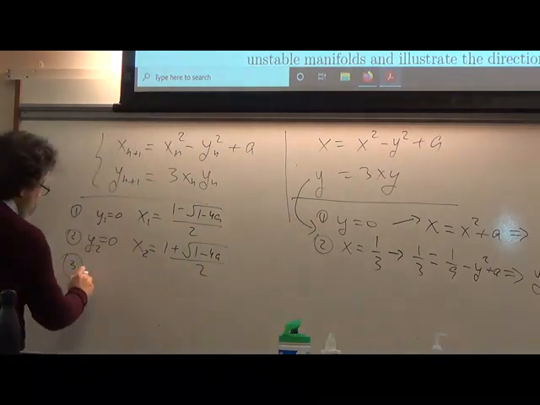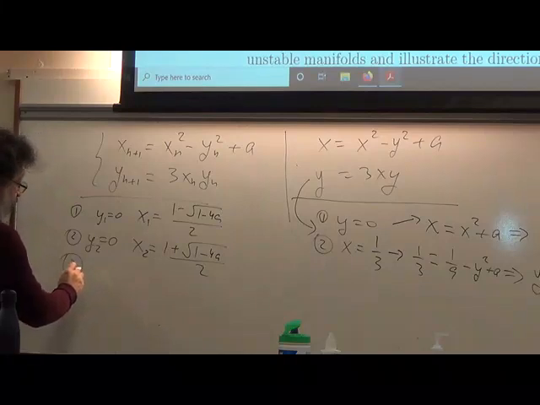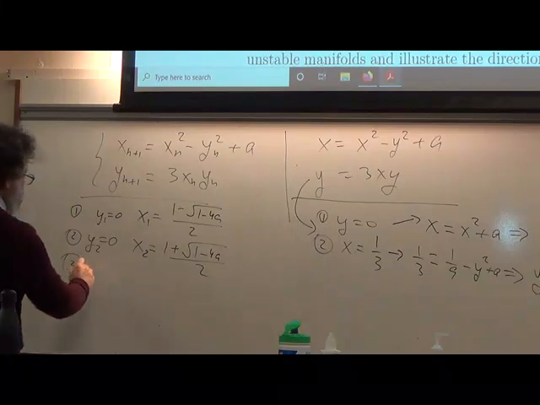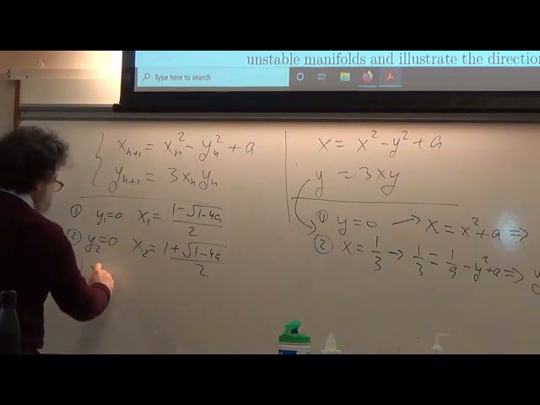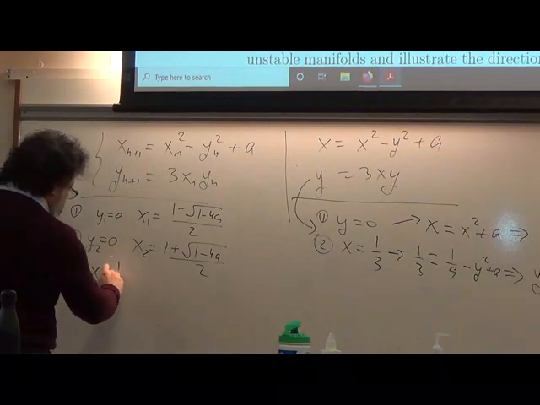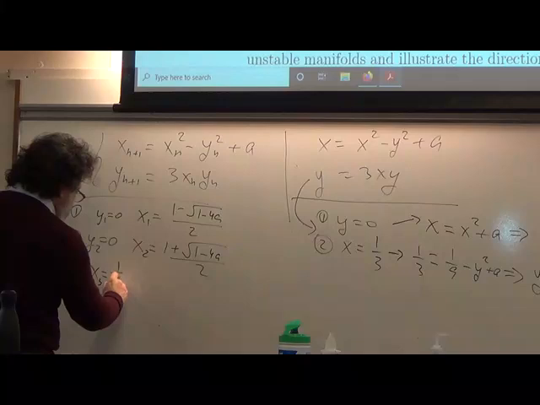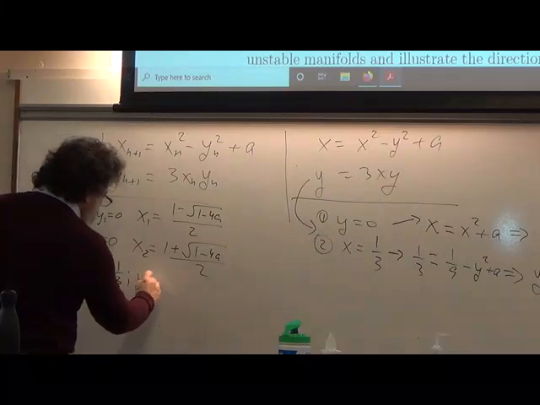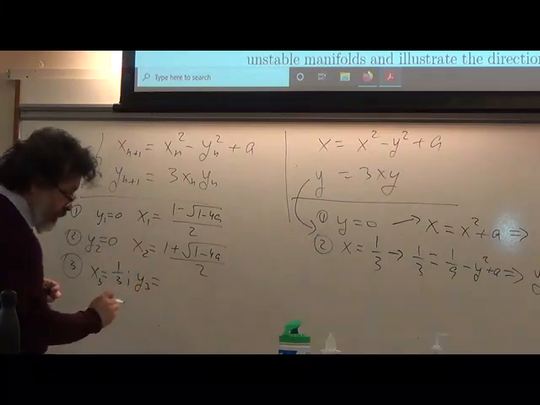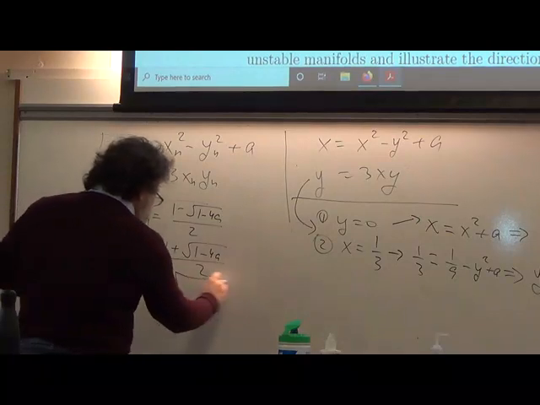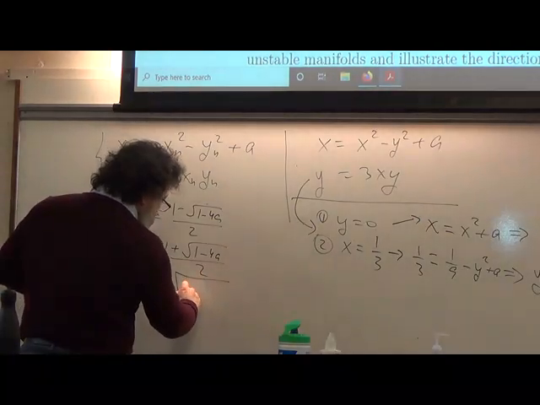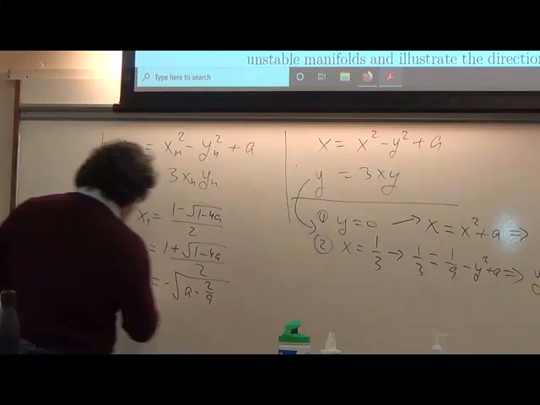Third fixed point is x equals 1 over 3, and y3 equals minus square root of a minus 2 over 9.